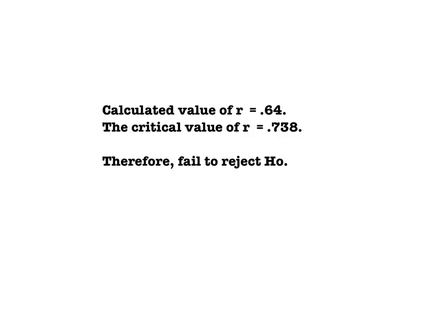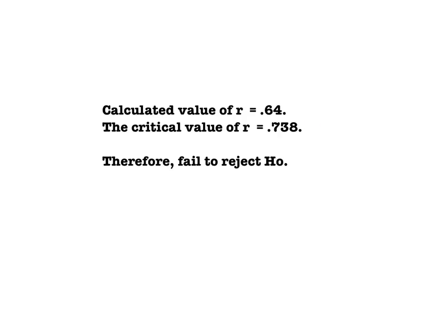Well, 0.64 is a good value. It's plenty high enough, but unfortunately, in the context of an example that only has 8 observations, it's not quite high enough to reject the null hypothesis with an alpha level of 0.05 and a two-tailed test. So our calculated value is 0.64, but remember our critical value was 0.738.